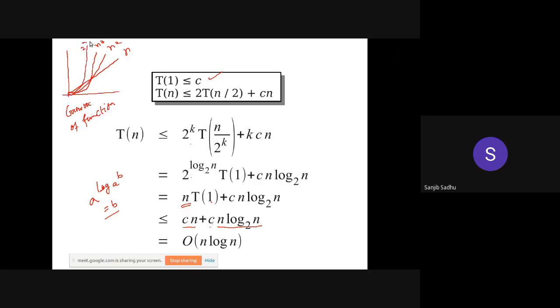So which one is the larger in the expression? In this case I am getting n log n. n log n is larger than n, therefore this is big O of n log n. So this is the solution.